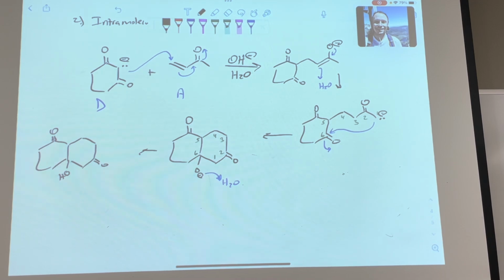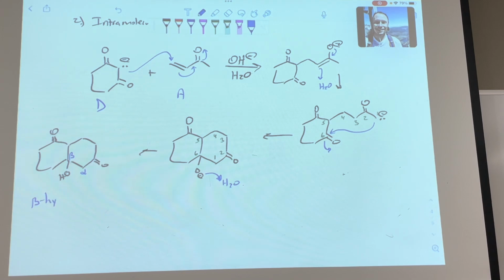Look what we have now. That would be an alpha position, that would be a beta position. What we have formed at this point is a beta hydroxycarbonyl compound, which is one of the products of an aldol.